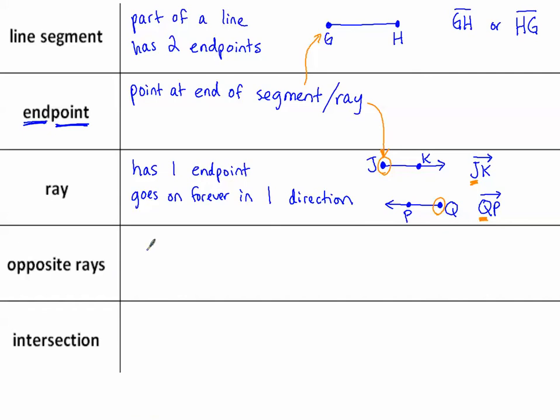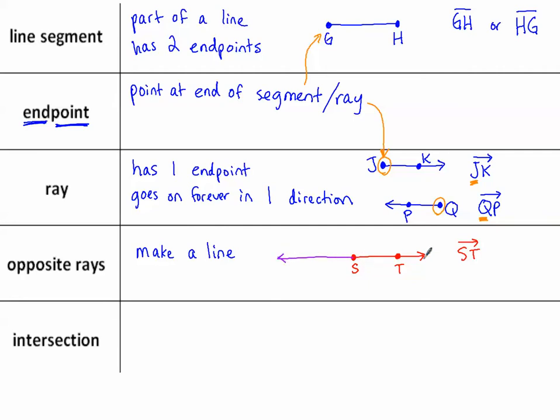Opposite rays, when we draw them going in opposite directions, they make a line. I'm going to draw two rays for you. Here's a ray, ST. ST has endpoint S. Now I'm going to draw its opposite ray, going in the opposite direction.